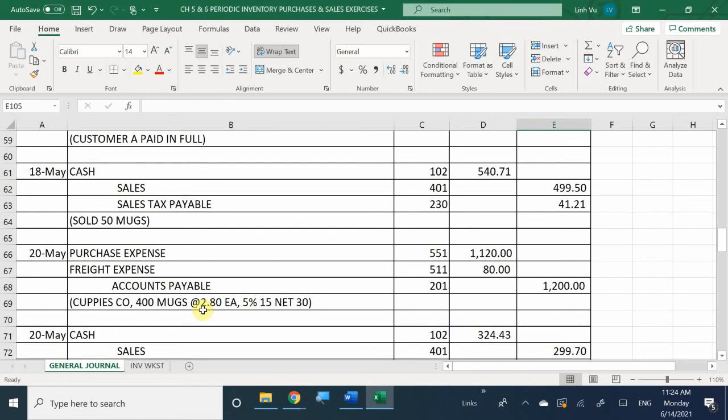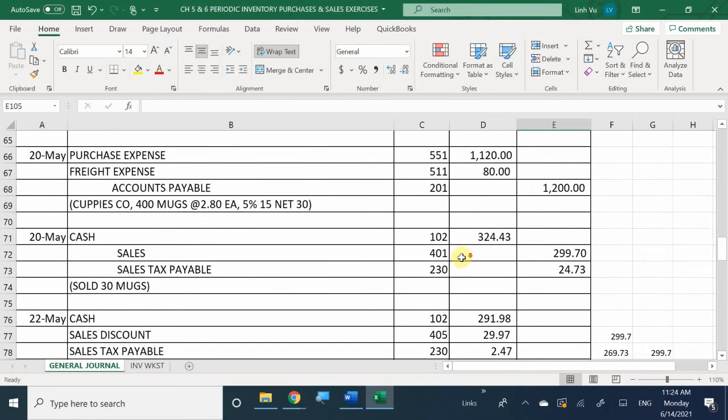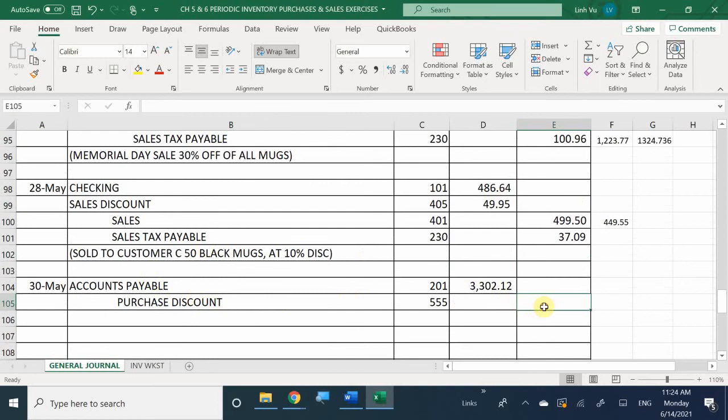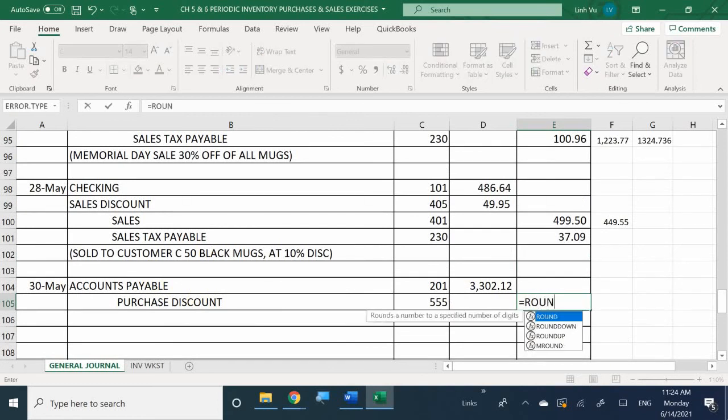That's including freight. Can I discount freight? Oh, no, you're going to take the 5% off the $1,120. Correct. So what's 5% of 1120? $56.